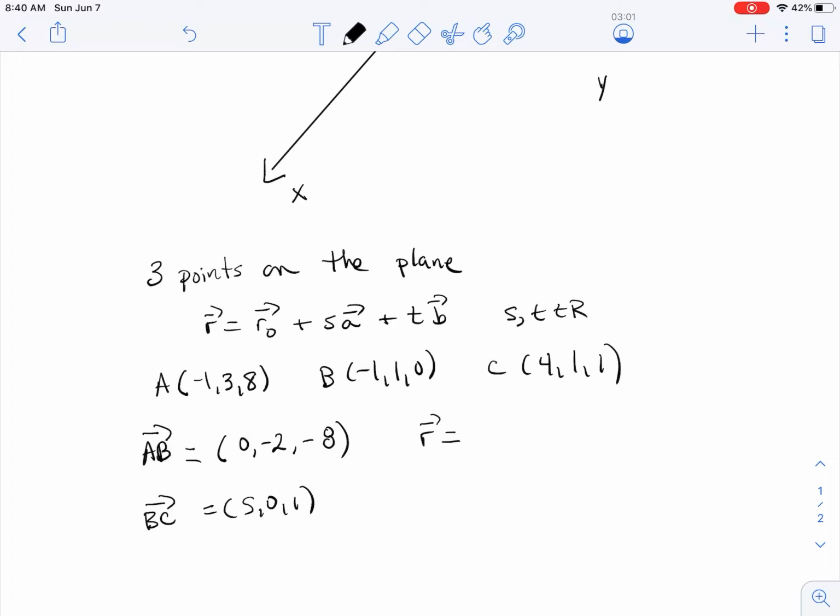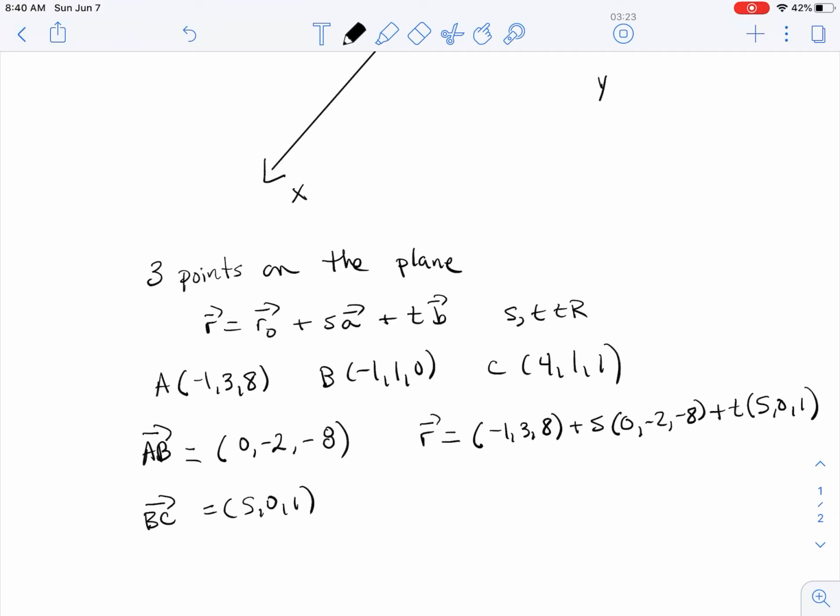Once you've got your vectors, you're pretty much done. So again, R naught, you're going to choose one of the points. You can choose any one of these points. I'm going to choose the A point. And then I've got plus S times my first direction vector, and then plus T times my second direction vector.